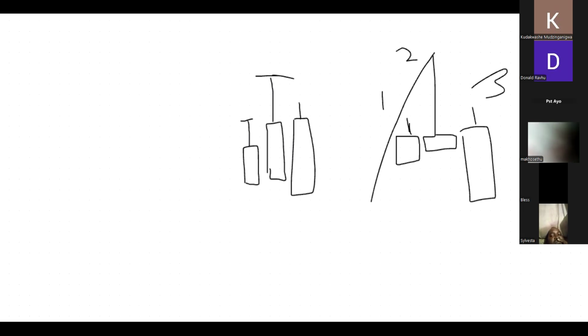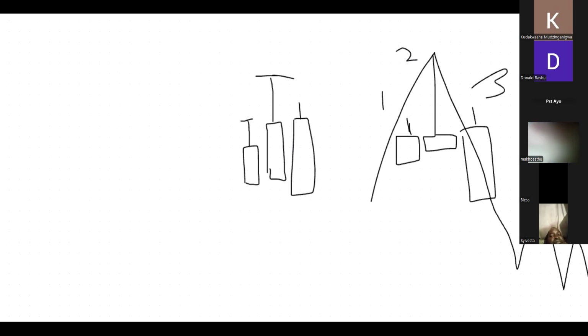And if this was an evening star, what do you know about evening stars? If we have a completed evening star formation, we start going down, right? And that's it.